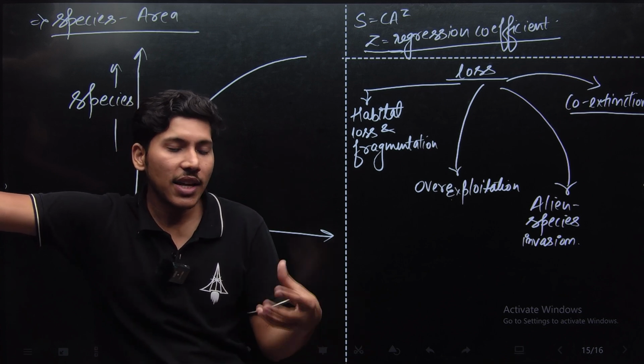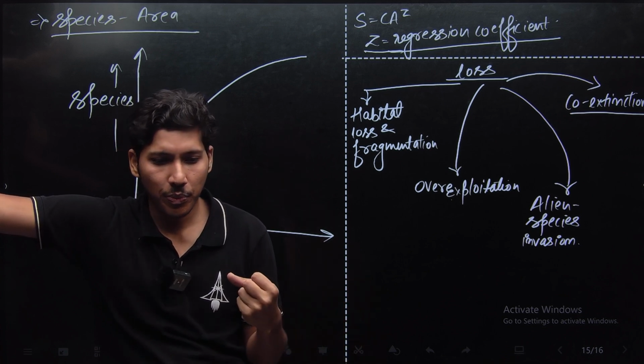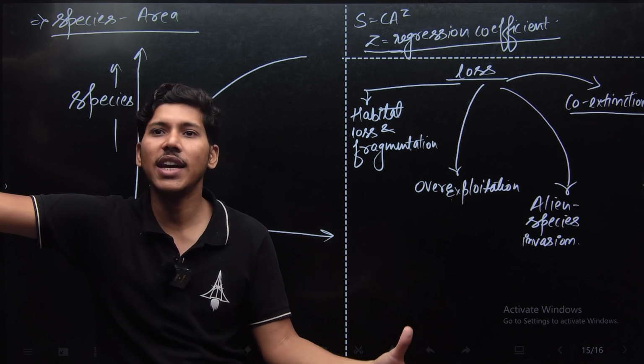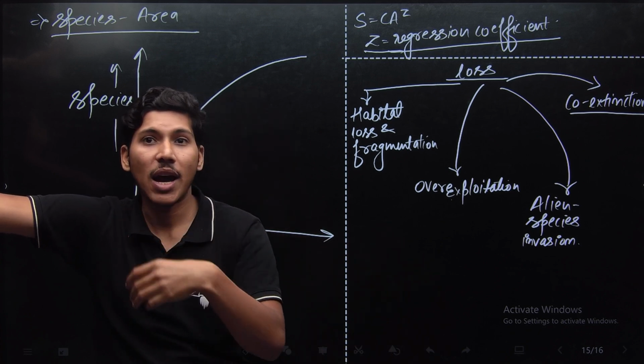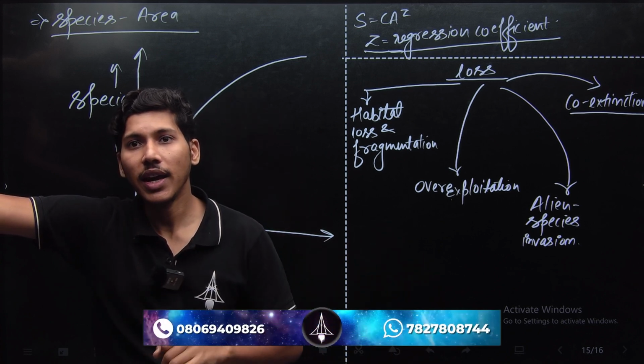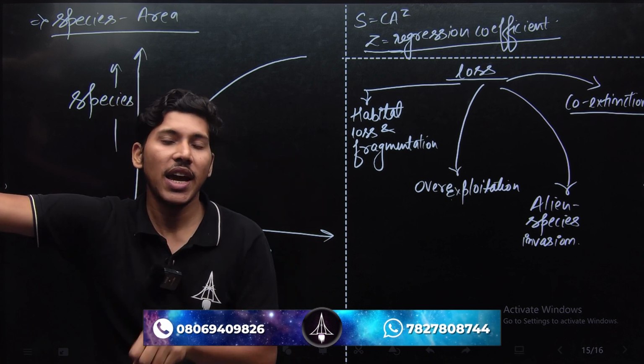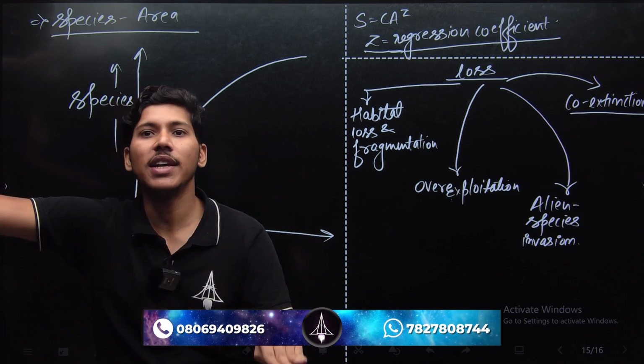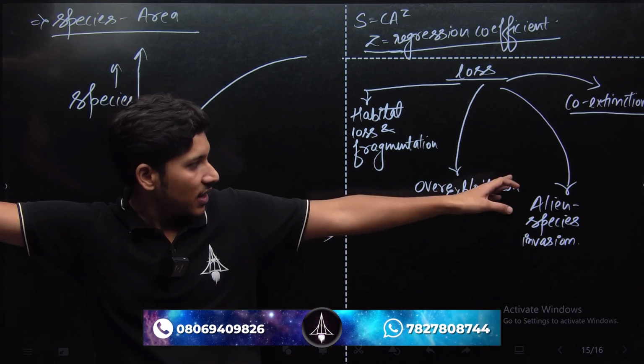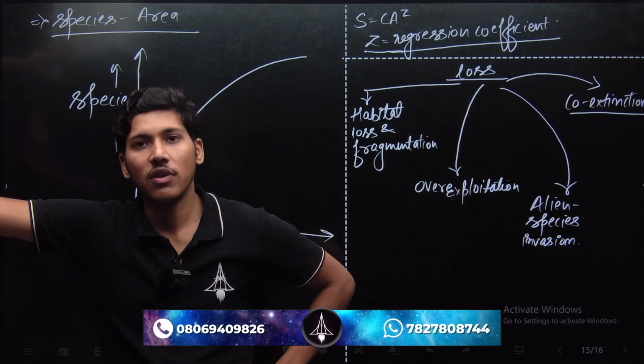In the absence of the natural predator, these alien species start to grow abnormally high, and they start to overexploit the indigenous species, due to which the indigenous species get wiped away. This is also one of the major causes of biodiversity loss.